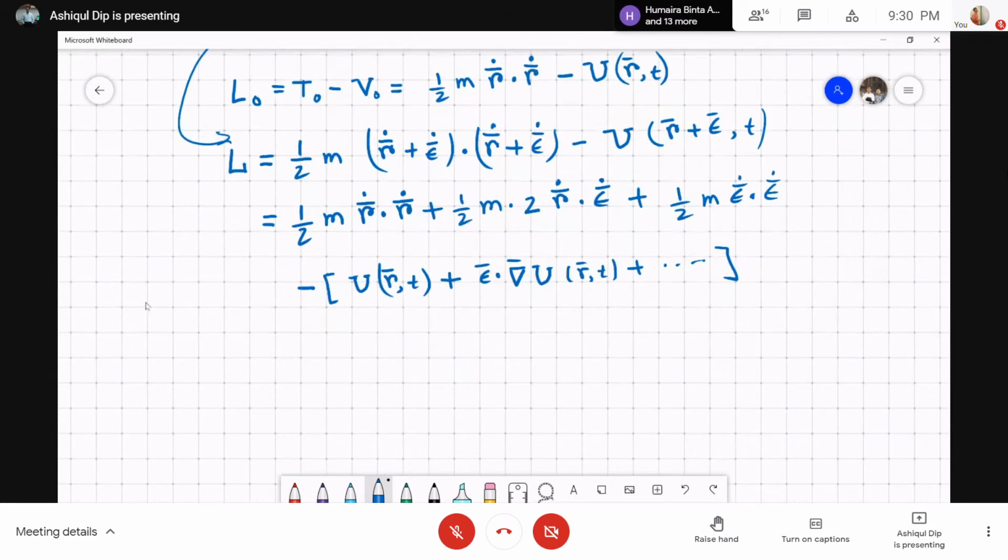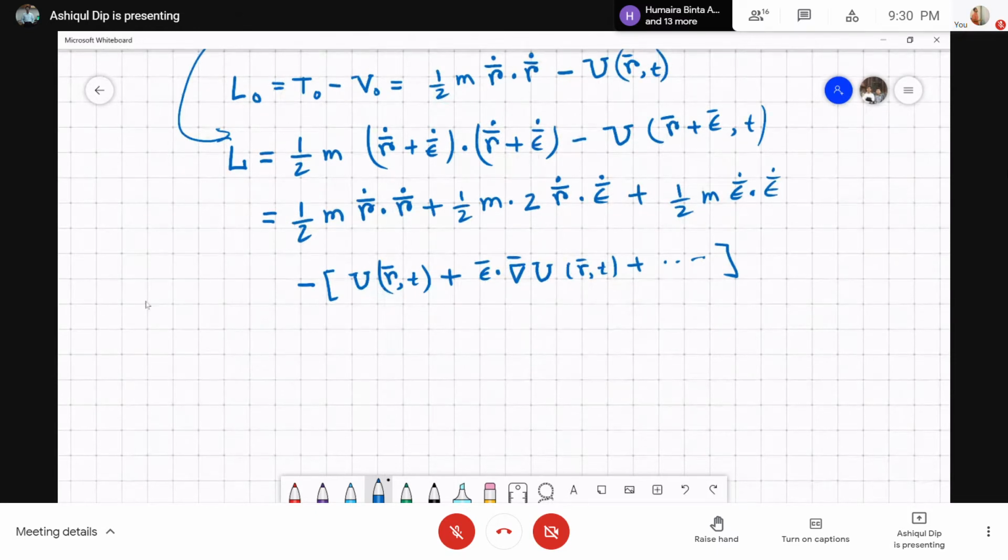So we neglect or dump the second order of epsilon into just one term.